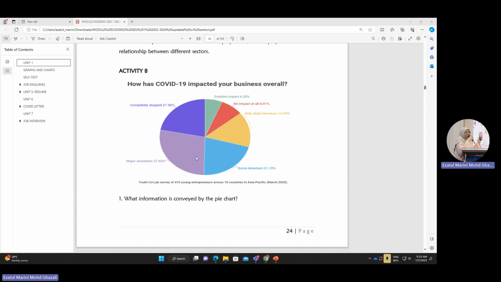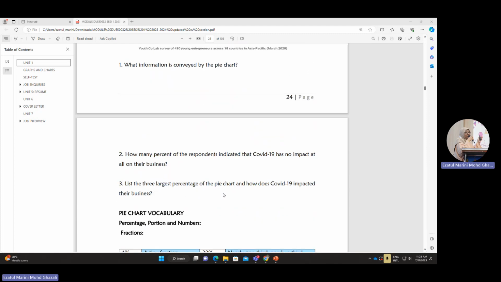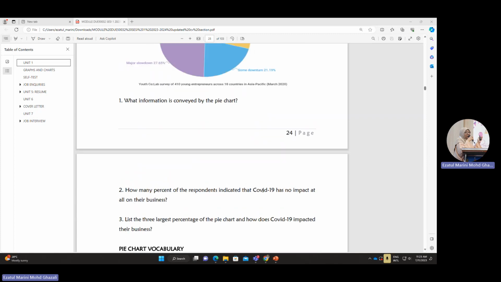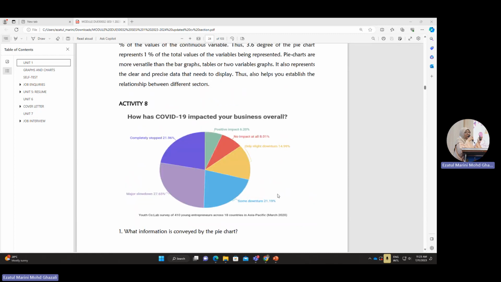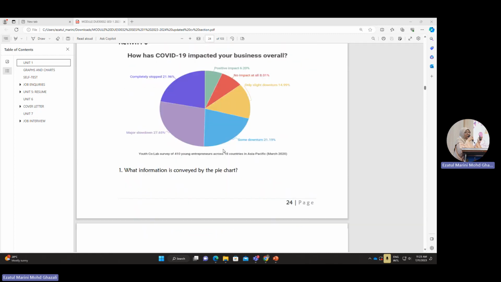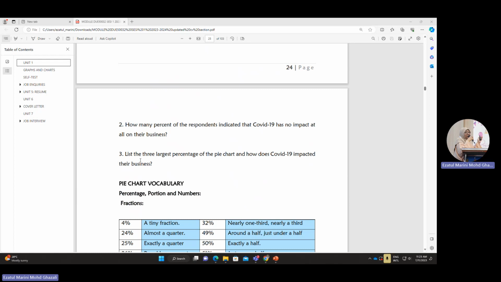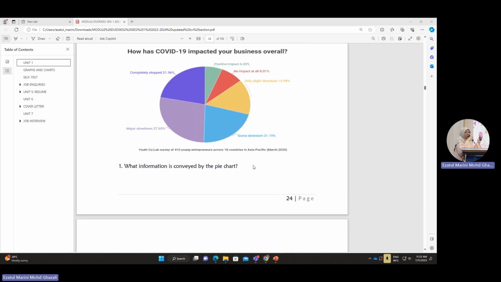What information is conveyed by the pie chart? Look at the title. How has COVID-19 impacted your business? How many percent of the respondents indicated that COVID-19 has no impact at all? No impact, 8.01%. List the three largest percentages of the pie chart and how COVID-19 impacted their business.